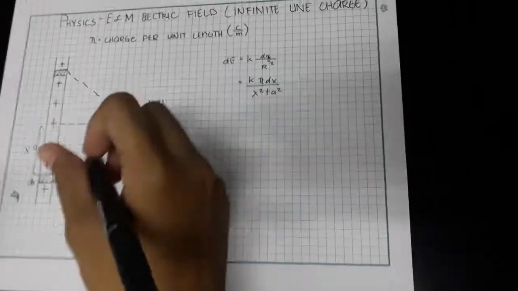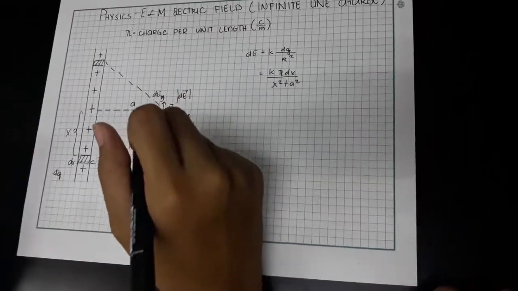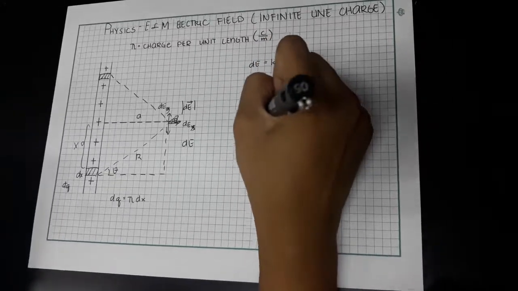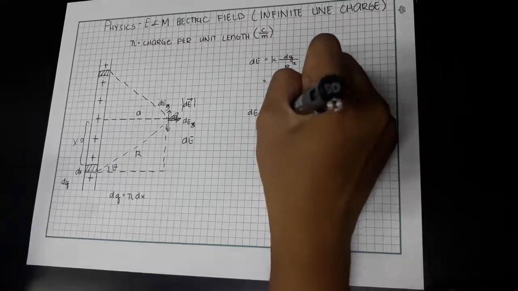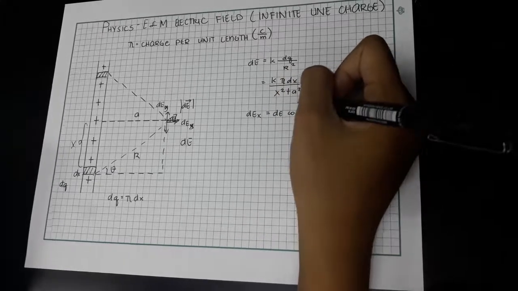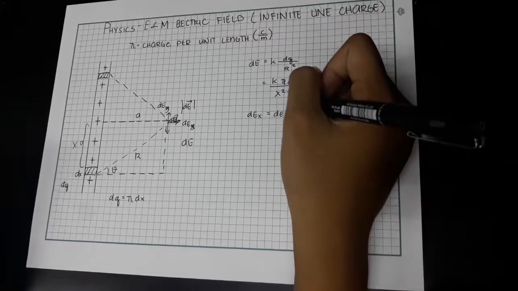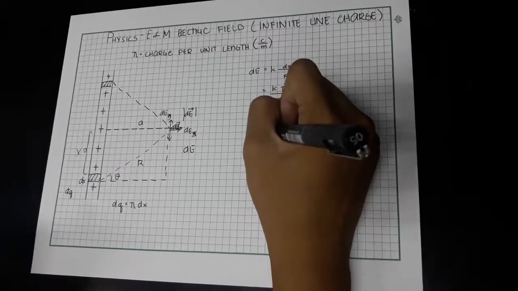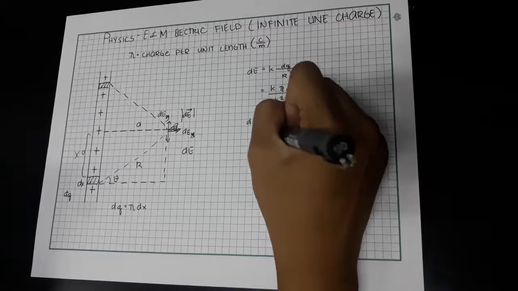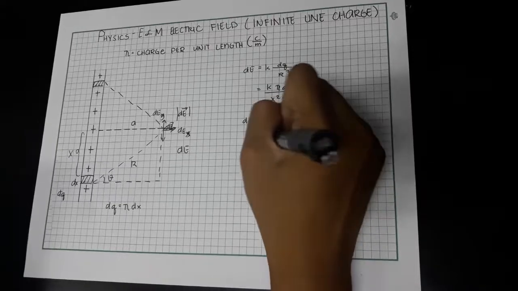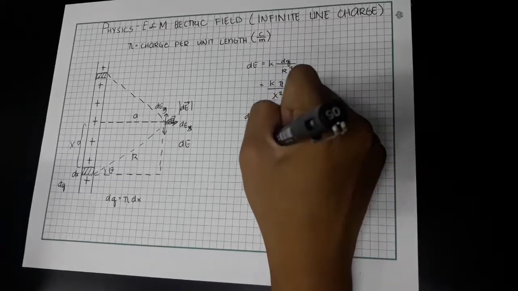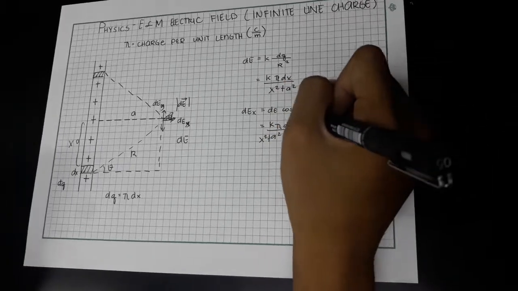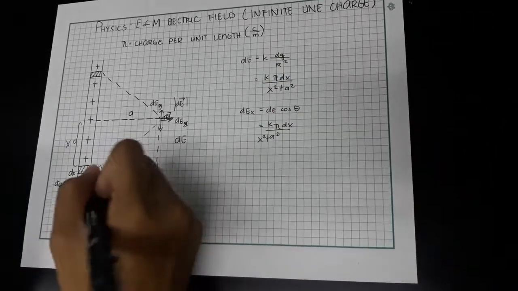And to find the dE sub x component, we can say that dE x is equal to dE cosine theta. Then we can say it is equal to k linear dx over x squared plus a squared. And now, what is the cosine theta here?